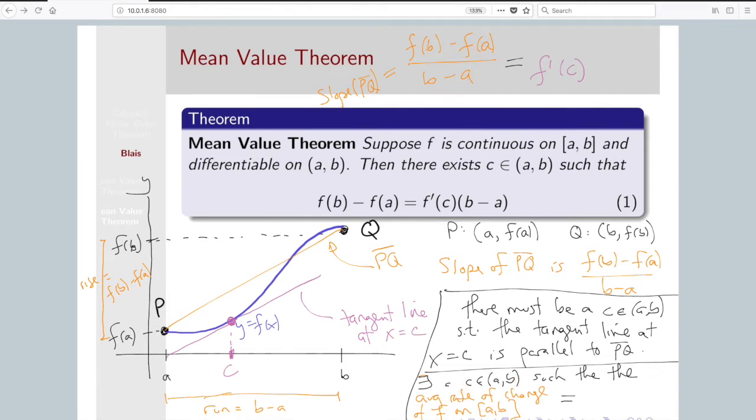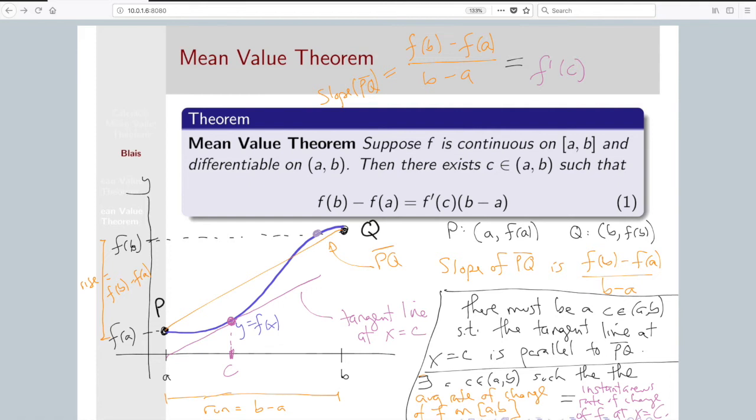There has to be a C in AB such that that average rate of change equals the instantaneous rate of change of F at x equals C. This is a point where it happened. Notice in our graph there's also a point here where it would have happened too. It can happen more than once, but it has to happen at least once.